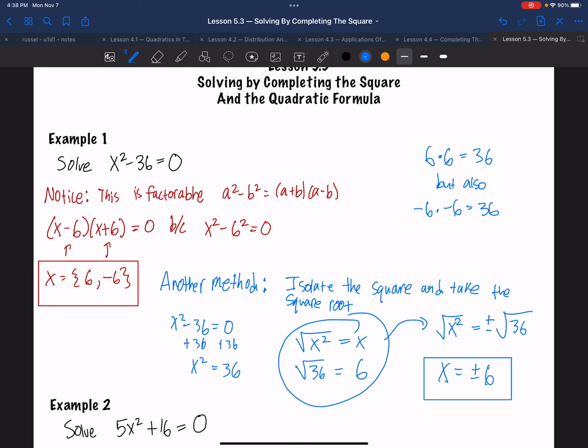So the key takeaway here is, when I take a square root, I must apply a positive or negative answer.